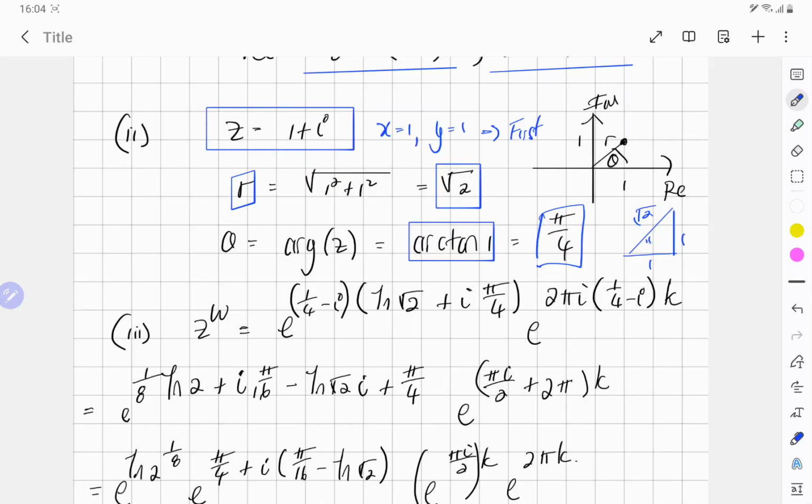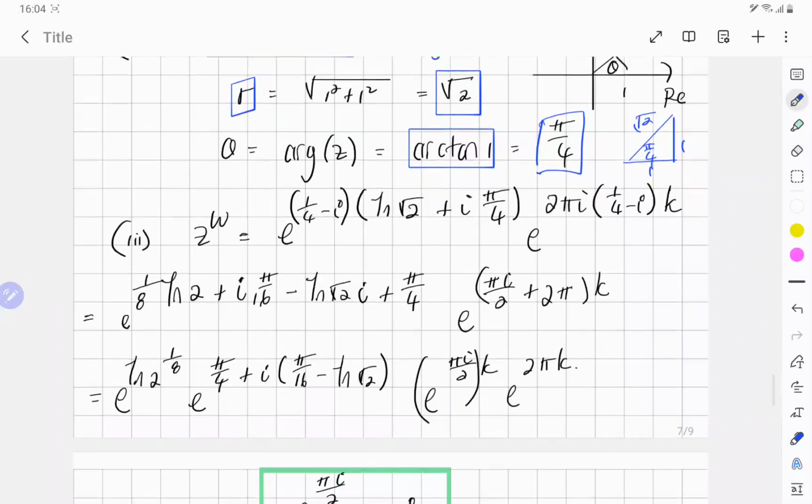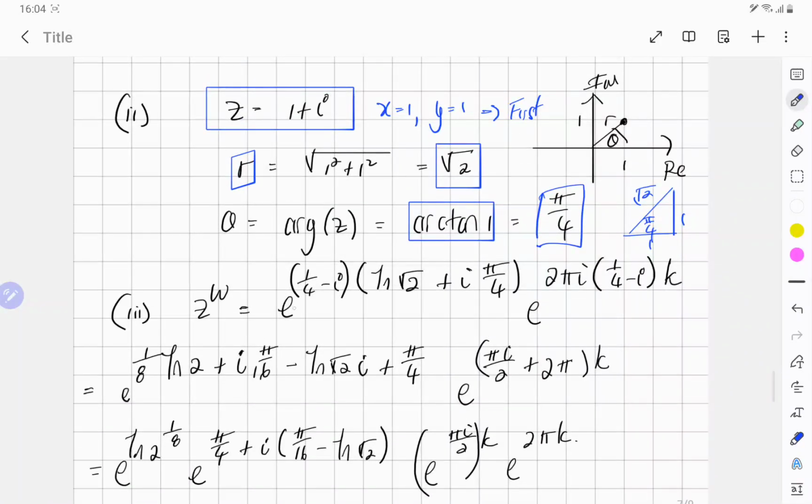Now we replace back in the formula. So we have e to the w, then we have our ln of the modulus plus i arg of z, and then 2 pi i k.